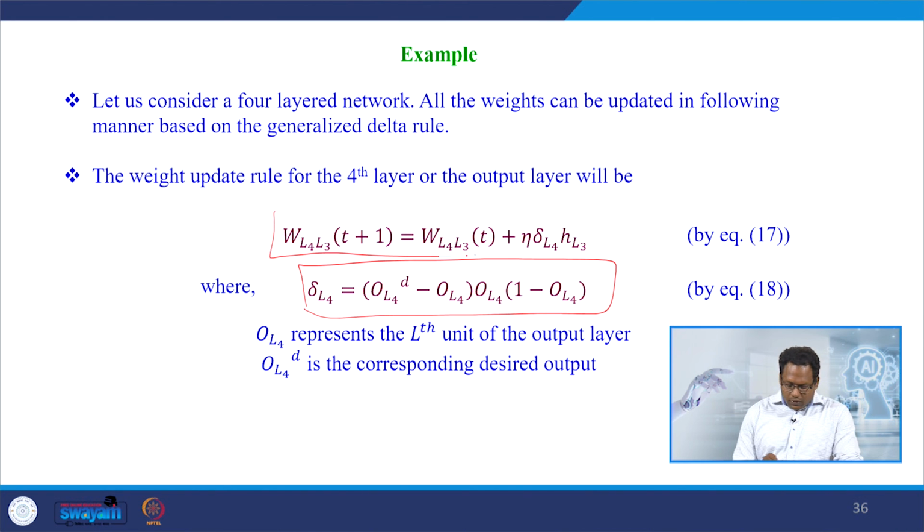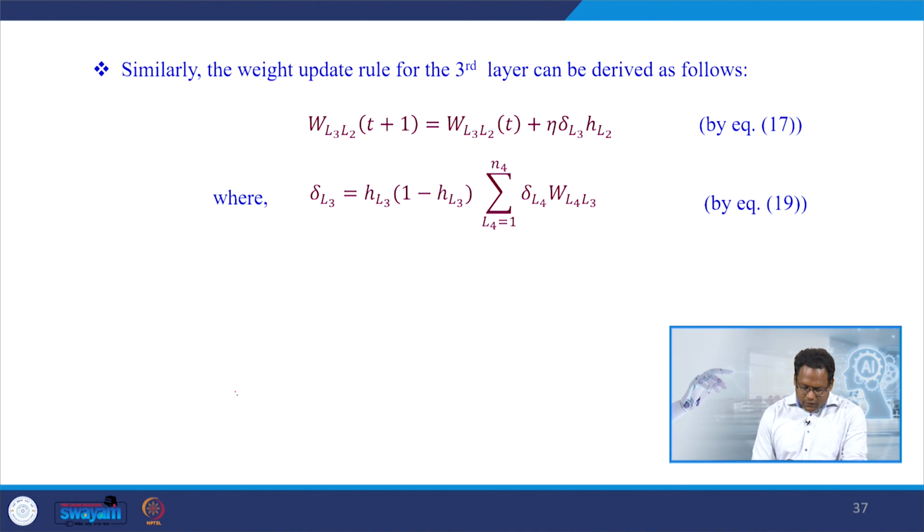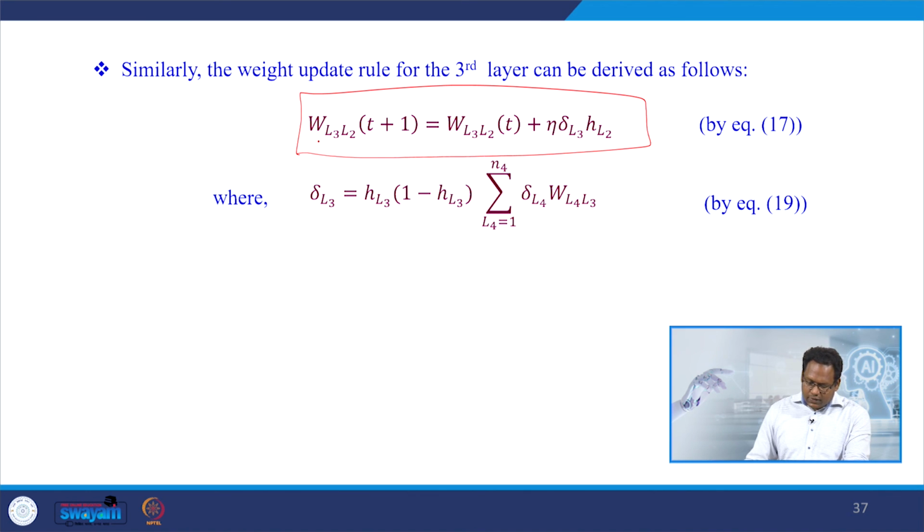Thus, WL4L3 of t plus 1 equals WL4L3 plus eta into delta L4 HL3, where HL3 is the output from the third layer L3. Likewise, we can go for the third layer update rule, which is WL3L2, in terms of delta L4.